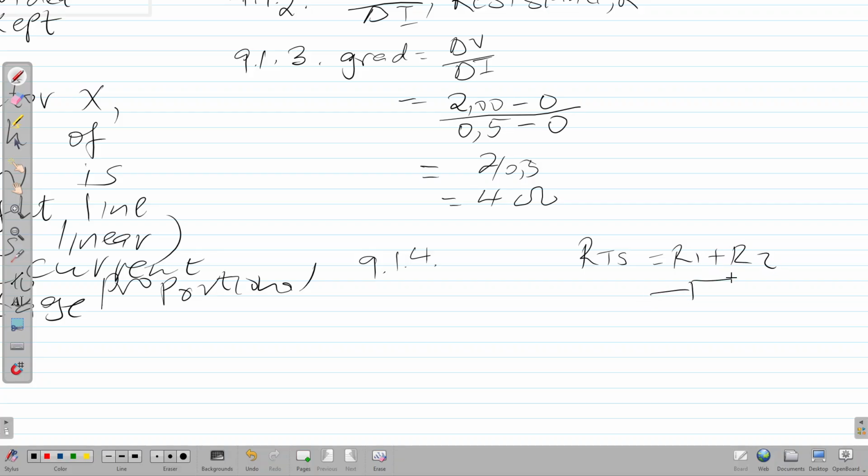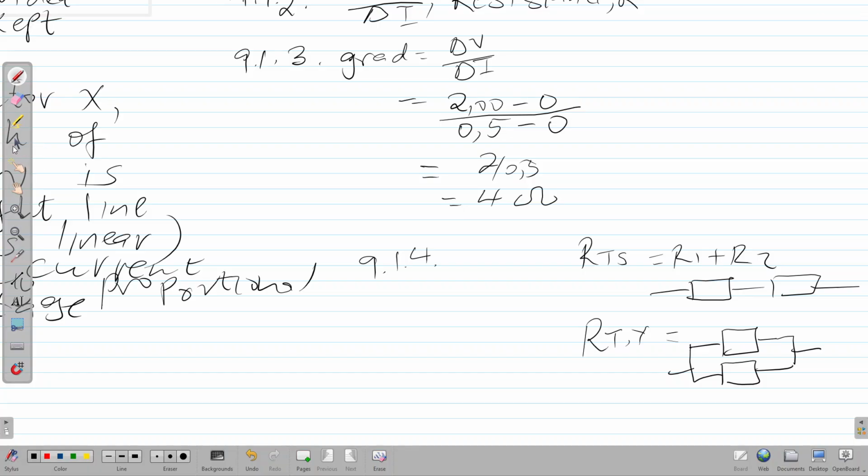That's a series combination. And then RT for the parallel combination is the other one here.